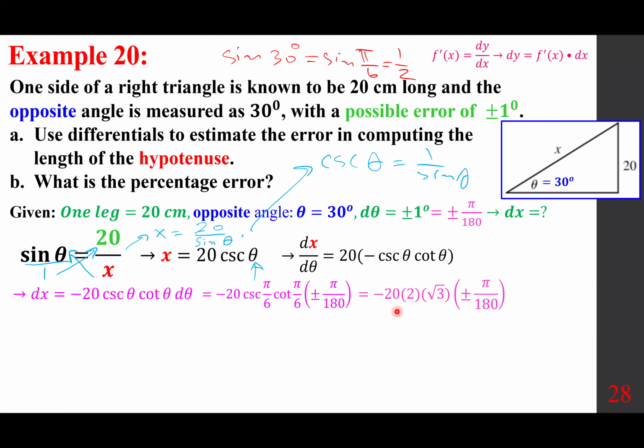So if we go with minus 20 times 2 times square root of 3 times plus minus pi over 180, we end up with this precise answer, plus minus 2 square root of 3 pi over 9. Putting it into a calculator, maybe with a couple of decimals, gives us plus minus 1.21. And this is the change in x, so the units for x are centimeters. You have to use the units for x, the same unit as the 20 centimeters.